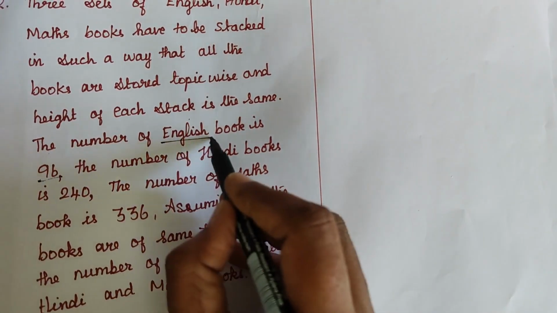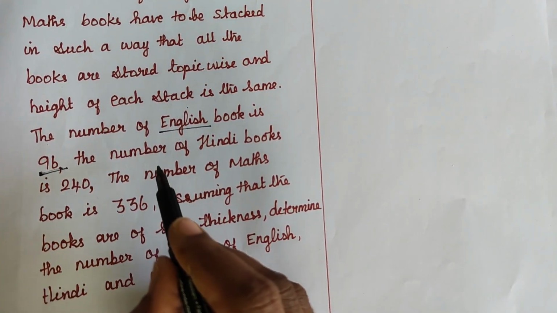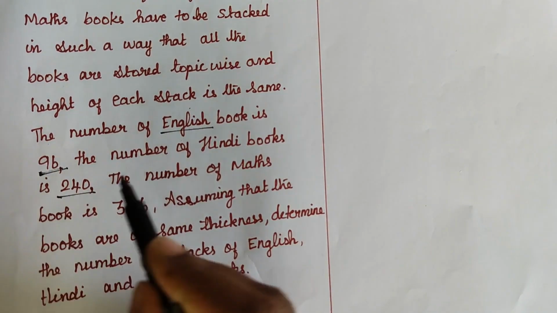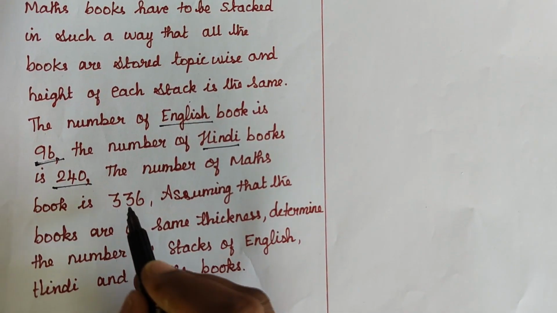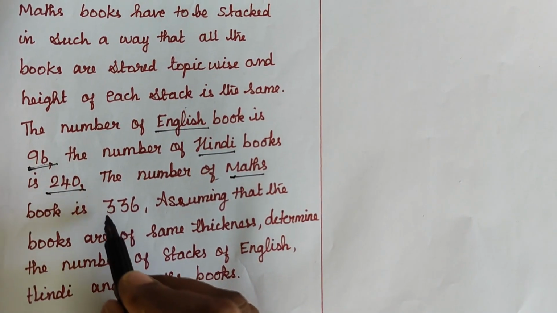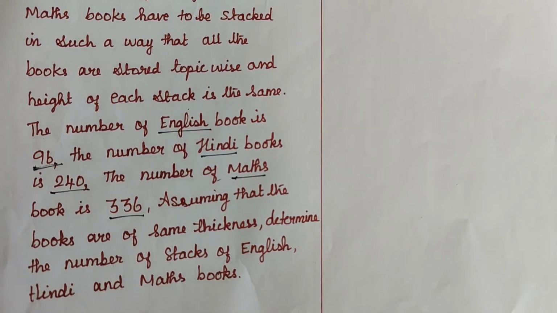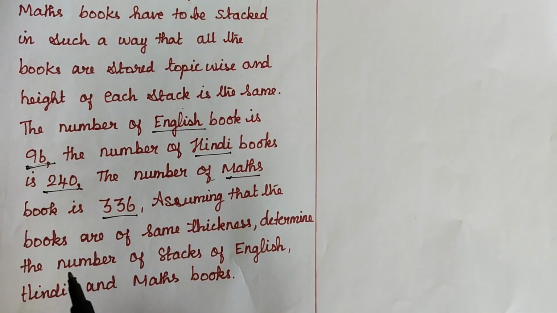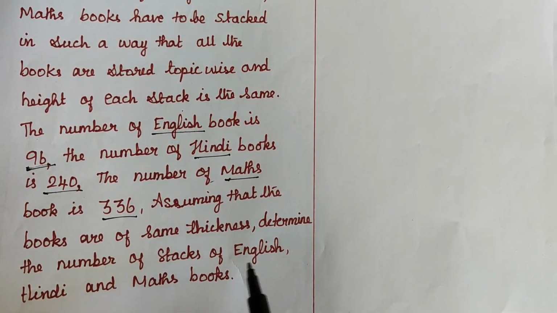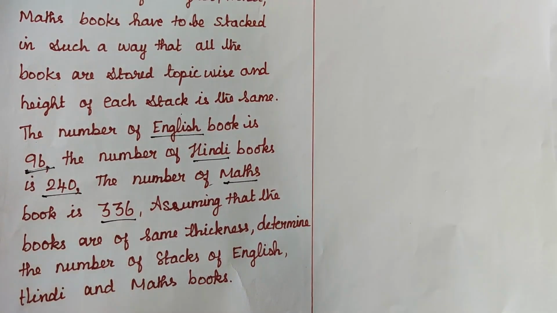The number of Hindi books is 240. The number of Maths books is 336. Assuming that the books are of the same thickness, determine the number of stacks of English, Hindi and Maths books.